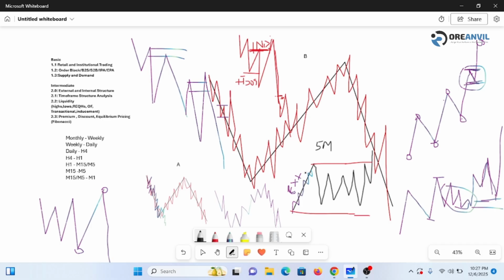Does that still make all this an external or internal to this? Does that still make all this that is inside this external, external or internal? Remember, you still have your 1 minute looking like this inside here.